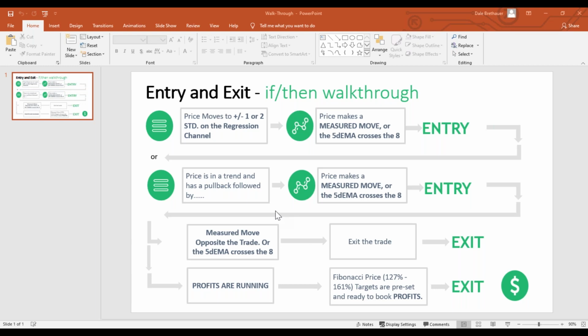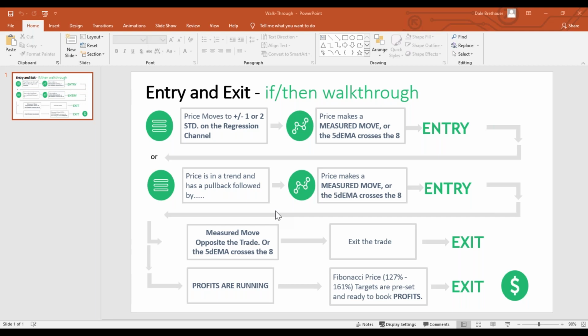Now, like I said earlier, sometimes I go against those rules. I've been doing this for a long time, and if something actually makes a measured move to the downside, or the 5 crosses the 8, but there's support or resistance, or we just got in the trade, I might tend to stay in and not exit.